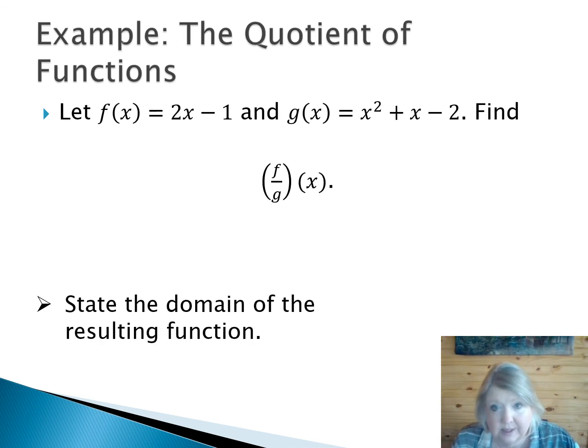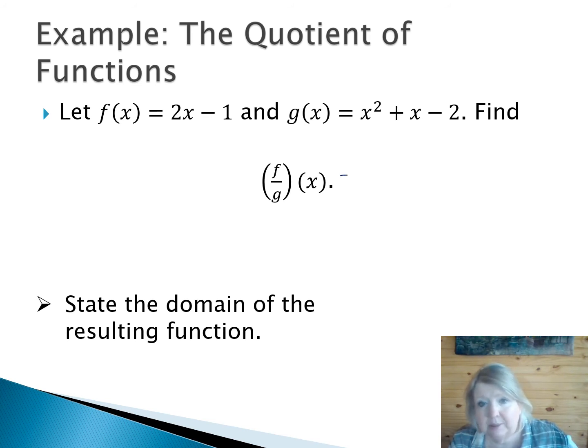So again, the same two polynomials, f and g. Let's find the quotient, and then I'll worry about my domain. Notice I'm not going to start off right off the bat, because if I do this first in this case, I would say it's all real numbers because both of these are all real numbers.